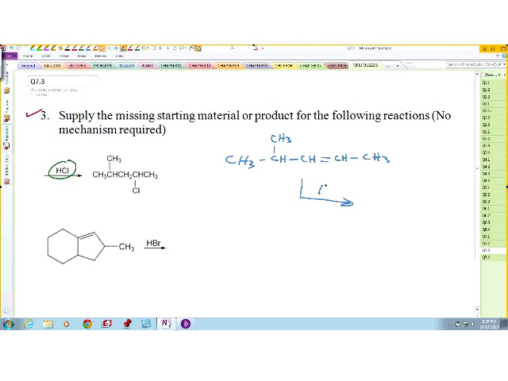If you add HCl to this, the hydrogen goes to here. No, I'm sorry.